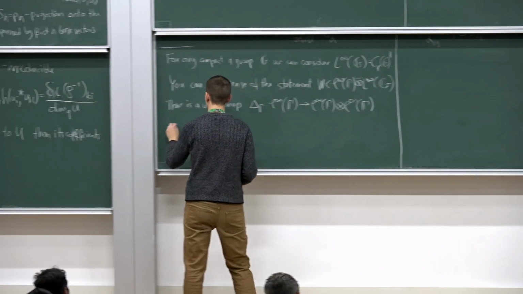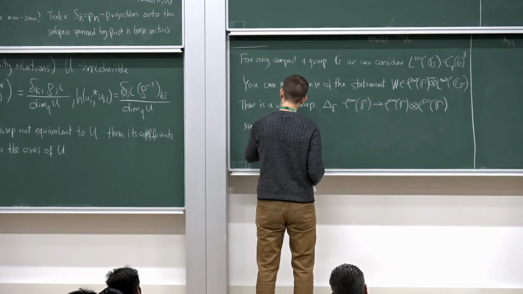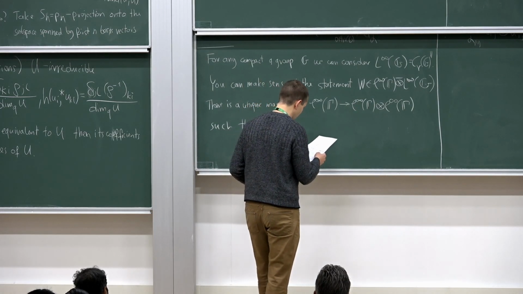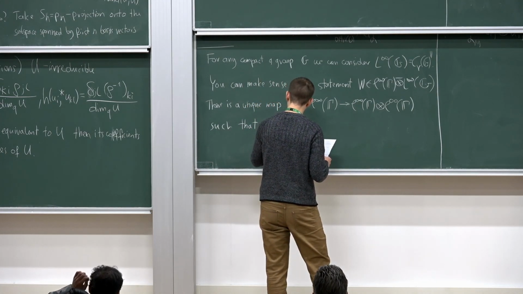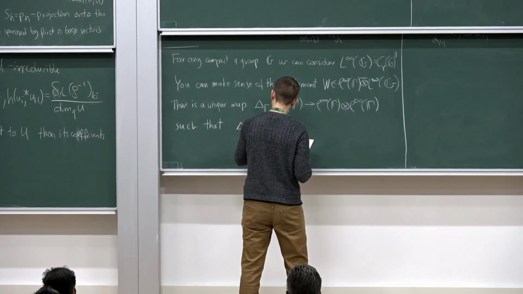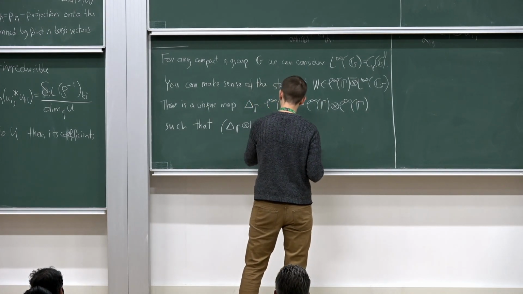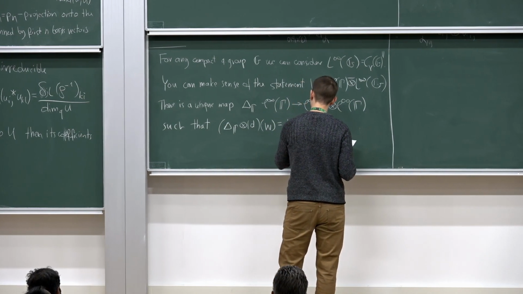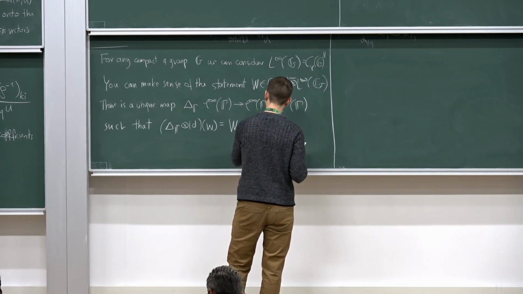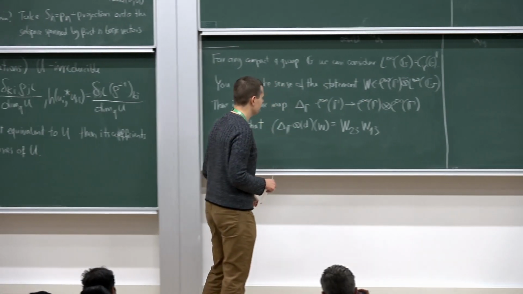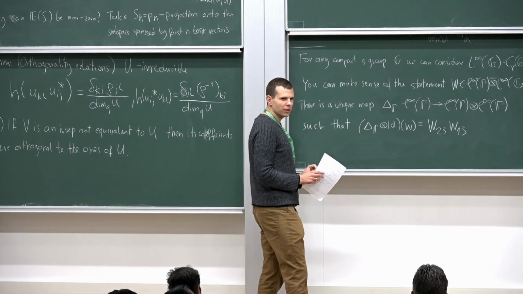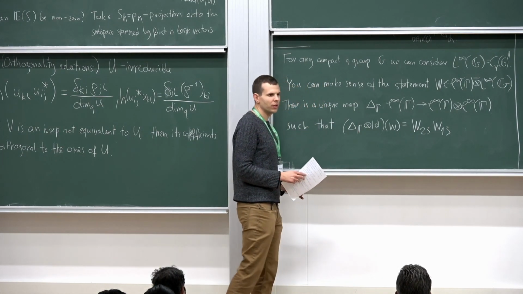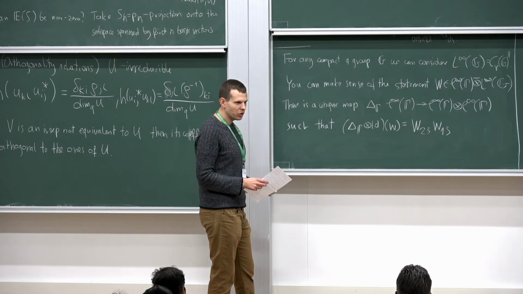So there's a unique map, which you define using the right regular representation, such that delta gamma tensor identity applied to W is equal to W23 W13. At least on a formal level, this equation makes sense, and it has a unique solution, and delta gamma will be a co-multiplication, it will be co-associative.